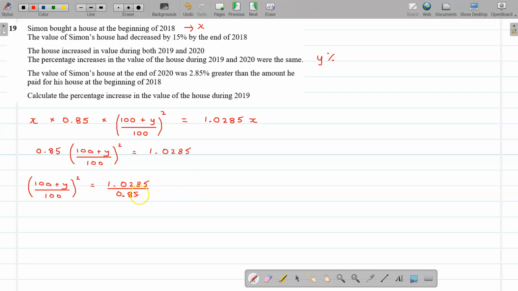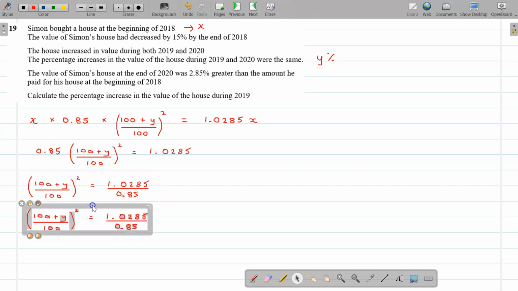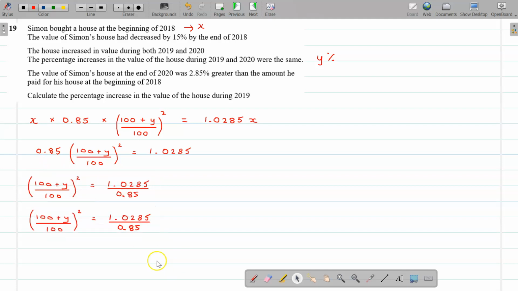And now if I square root both sides, let's just take another copy of that, take a copy of it down there. If I now square root both sides, then I get this.